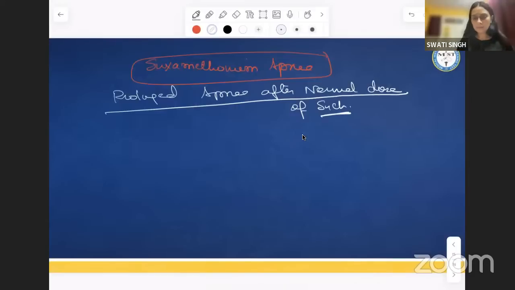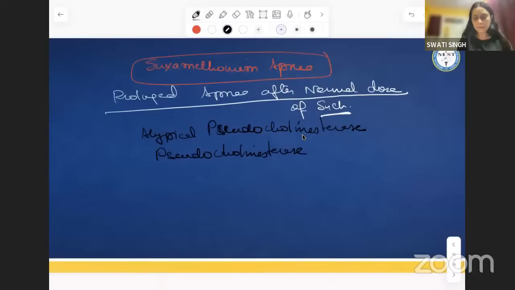So why does this happen? Because the enzyme which metabolizes succinylcholine is absent or not normal. So it can happen due to presence of atypical pseudocholinesterase, or due to pseudocholinesterase deficiency.